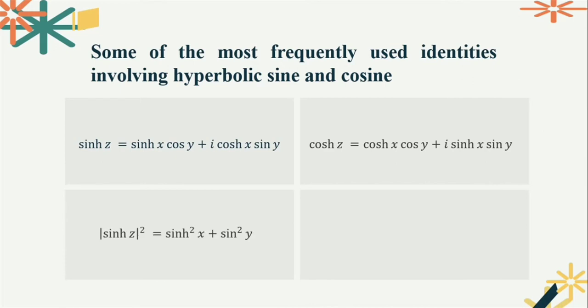And in here, the square of the absolute value of sinh z is equal to the square of sinh x plus the square of sin y. And the square of the absolute value of cosh z is equal to the square of sinh x plus the square of cos y.